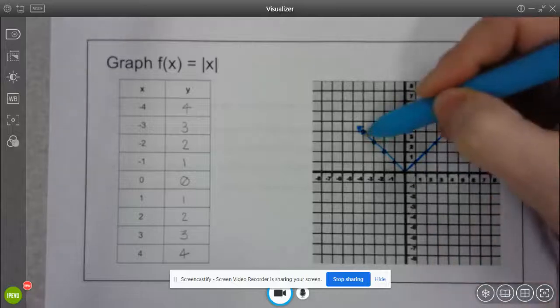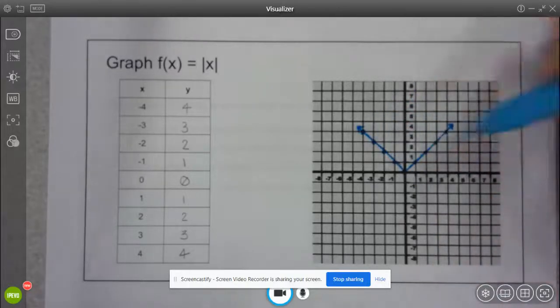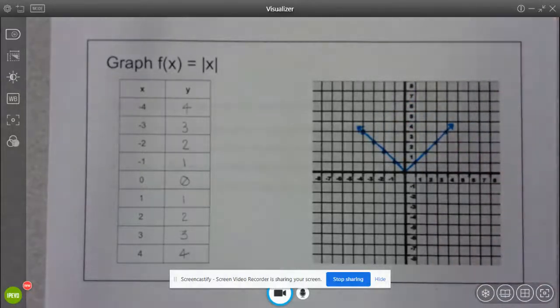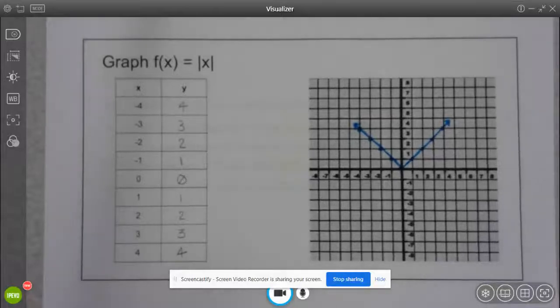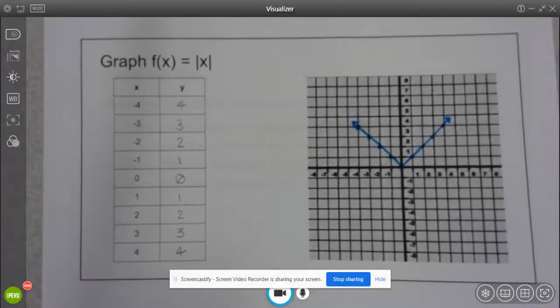And it's the shape of a V. So when we're talking about absolute value functions, they will be creating this V shape.